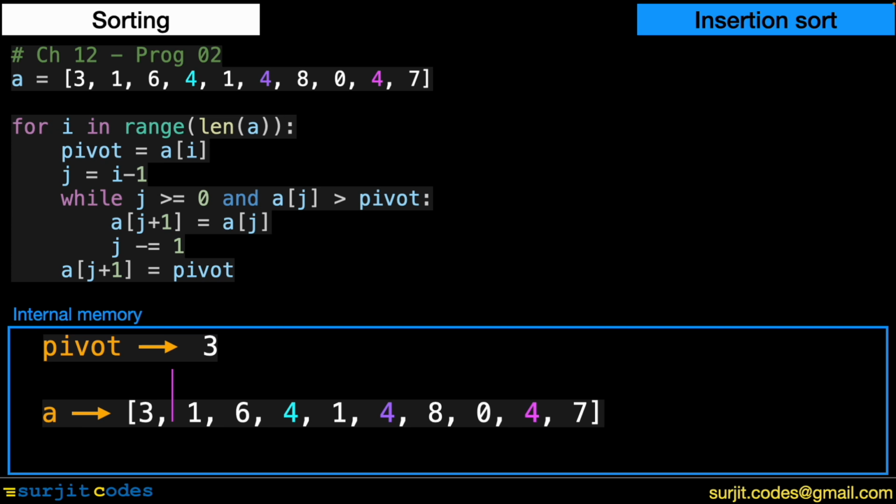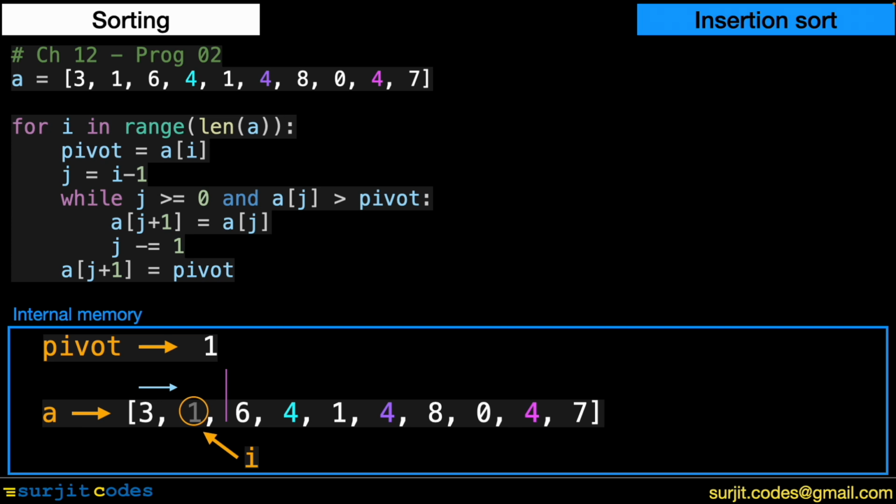We will now insert remaining elements of the list one by one at their proper positions in this sublist. In the next iteration, i becomes 1. We save the item there as pivot and assume it like a hole in the sorted sublist.